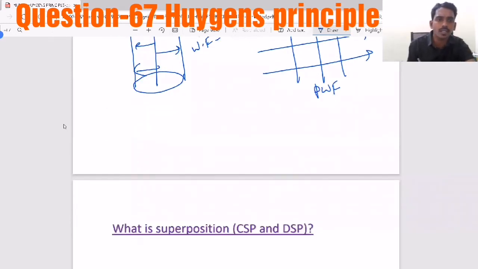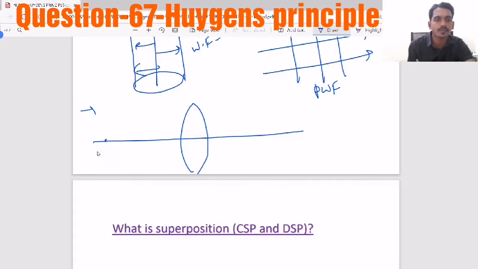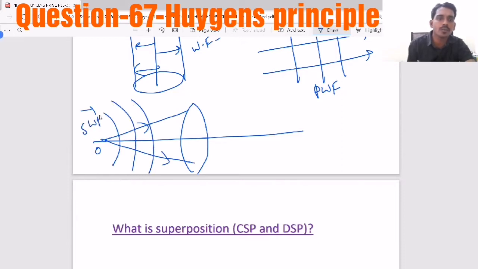And a question can be asked like, suppose there is a convex lens and a point source. The rays will go from here like this, so the incident wavefront is spherical. After refraction, they become parallel to the principal axis according to the image formation rules.